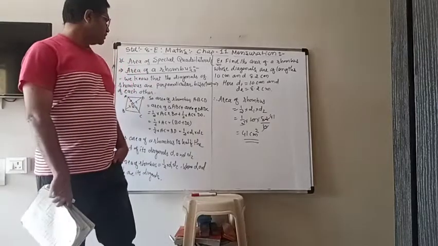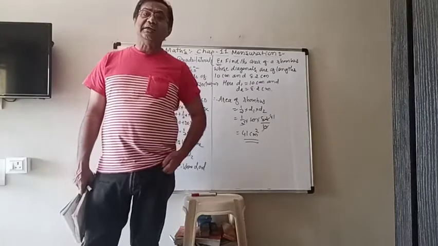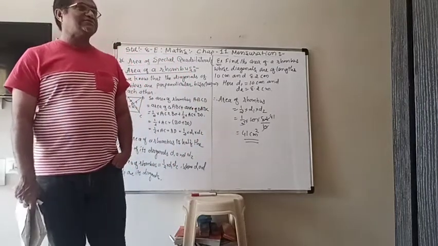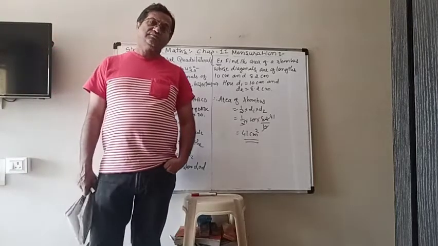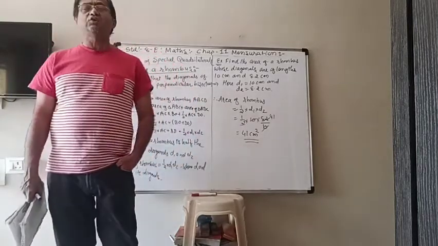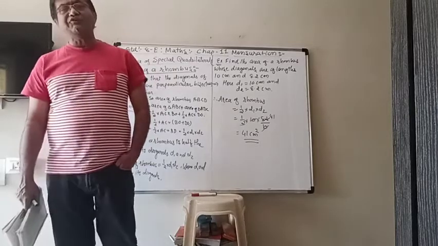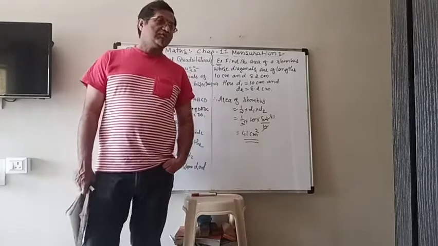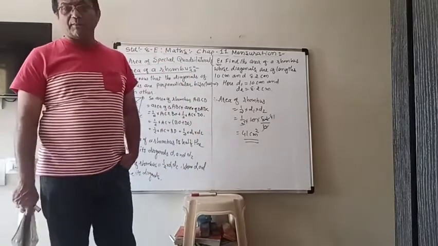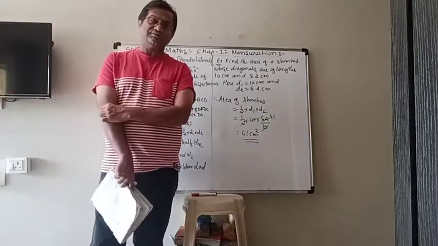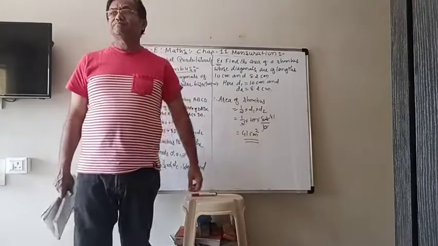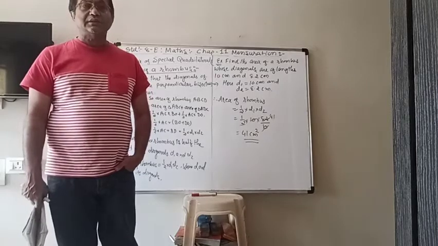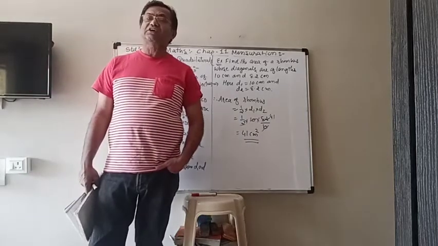First of all, we will learn about the area of a rhombus. You know that a rhombus is a parallelogram whose sides are all equal. Now if we remember one of the properties of the diagonals of a rhombus, we know that the diagonals of a rhombus are perpendicular bisectors of each other.